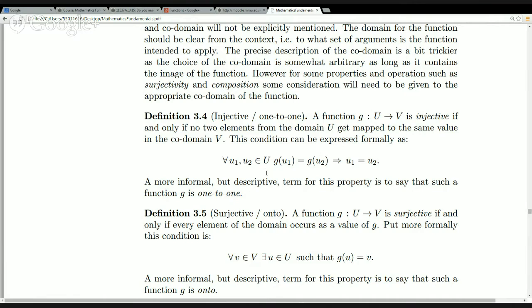Also, you could say f is surjective, which means every element in y, every element in the codomain, has a mapping arrow coming to it.